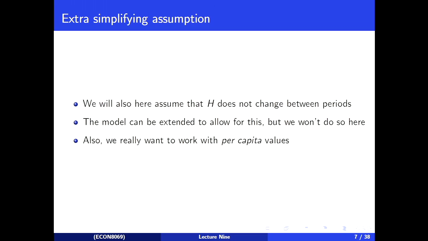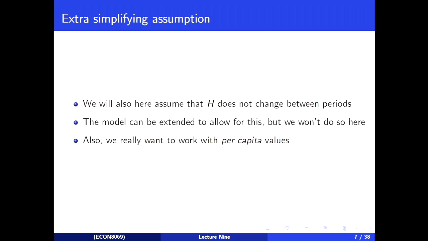A few extra simplifying assumptions just to make our life easier. I said that everything's dynamic, but we're going to take away the dynamic nature of effective labor. We're just going to assume effective labor is fixed, so we drop the subscript on H and have it fixed with time.